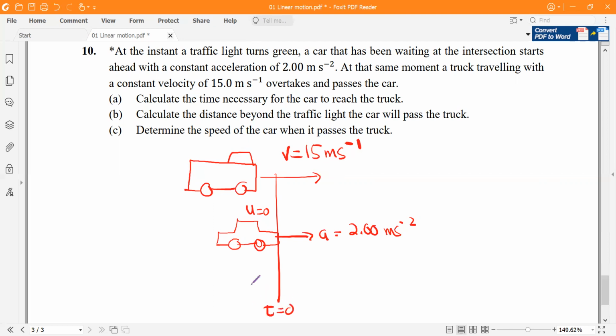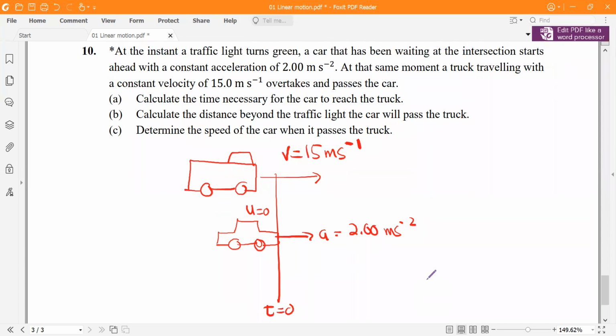There the truck is already moving at constant speed, but the car is just accelerating, so the truck will be leading the car. But because the car is accelerating, eventually the car will catch up.